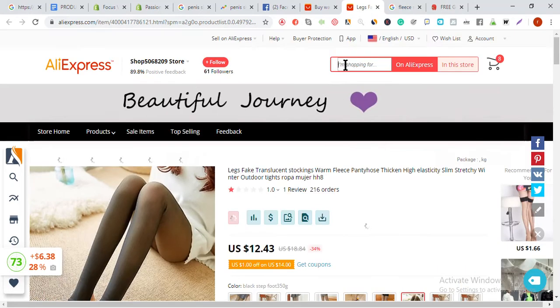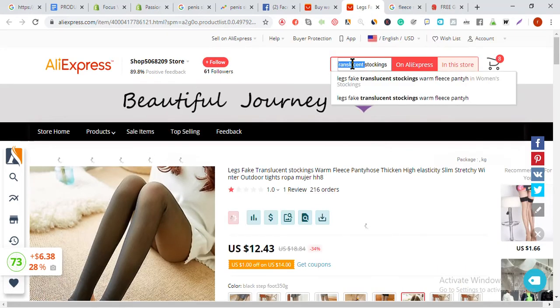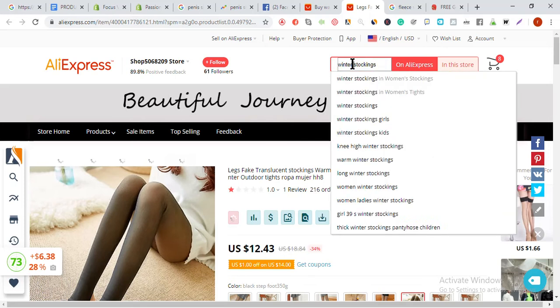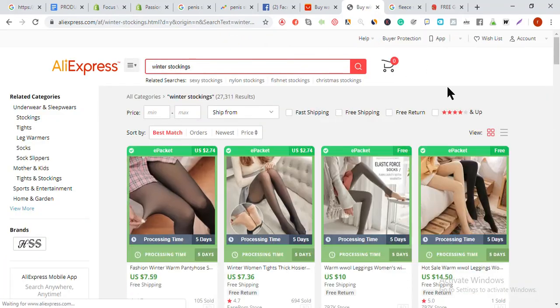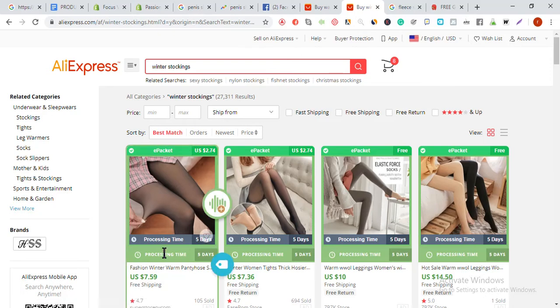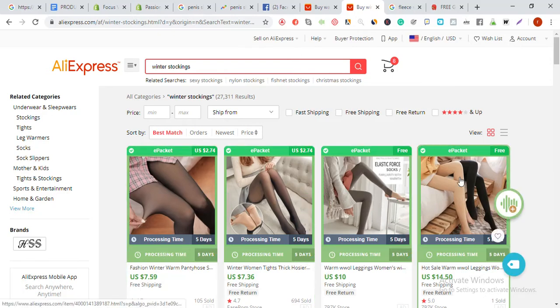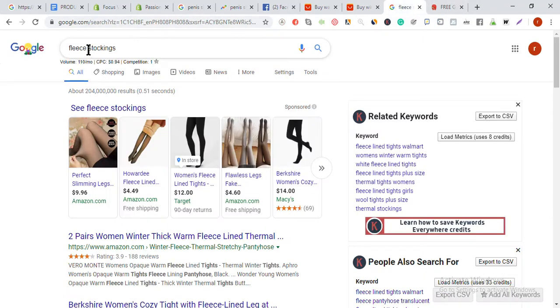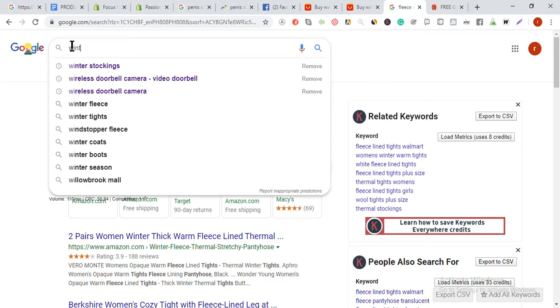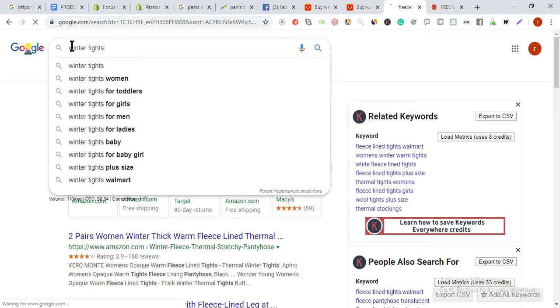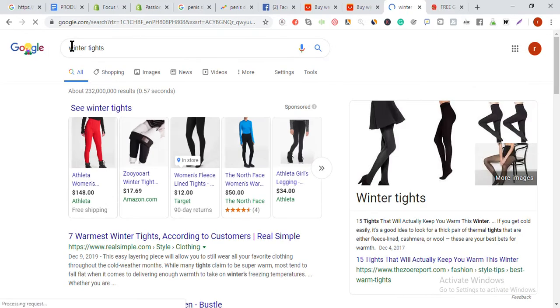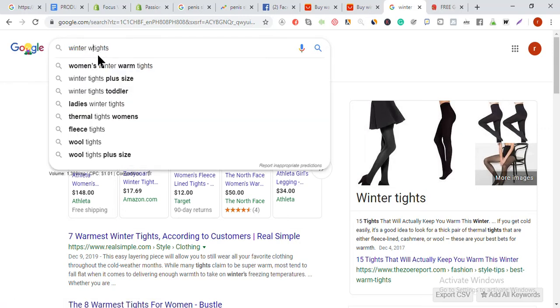I think we just use a different keyword. Winter stockings fashion. Warm pantyhose stockings. Maybe tights. Winter tights, right? Winter women tights.